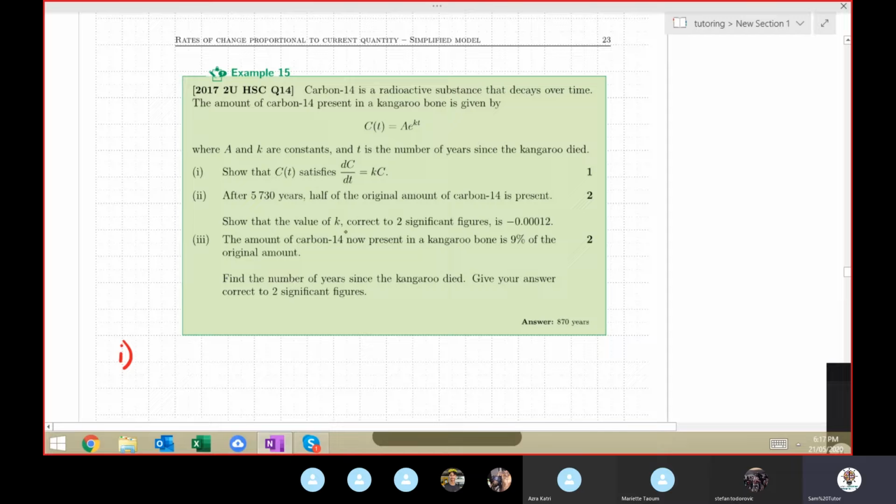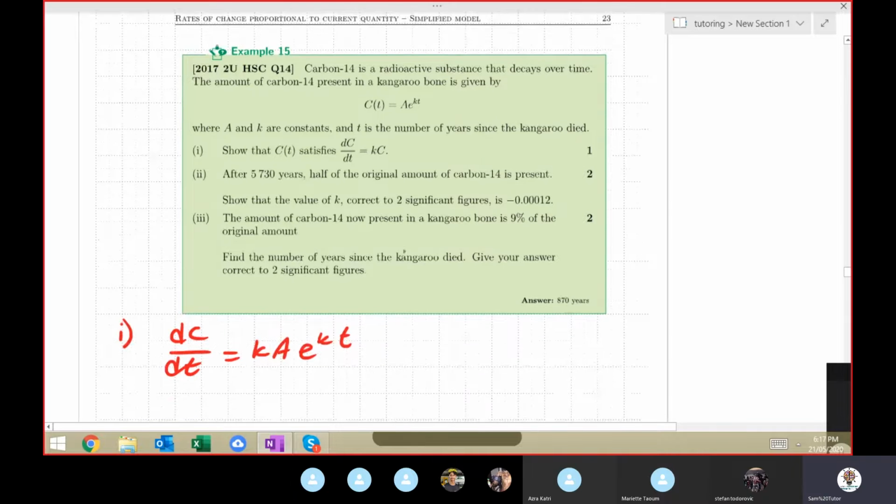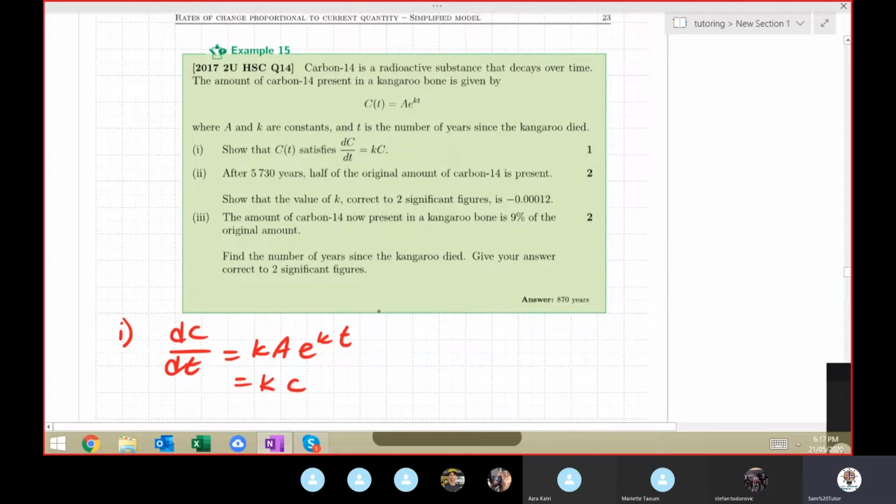What's the first thing you do? Differentiate. So dC on dt equals, bring the k down, leave everything else the same. What does A e to the KT stand for? It stands for C, so dC on dt equals kC. You got yourself 1 mark.